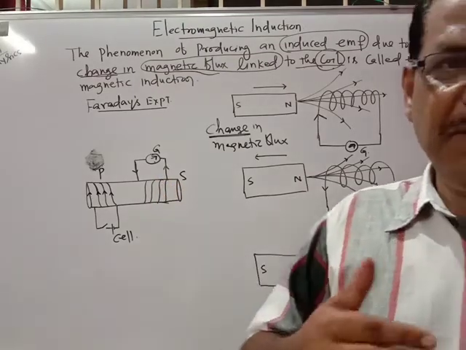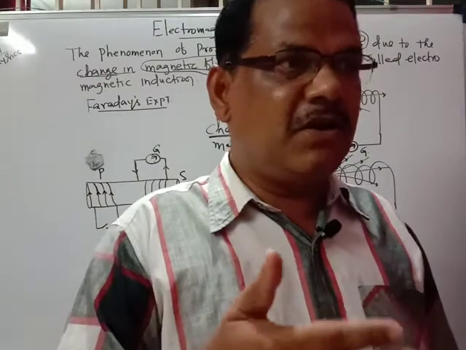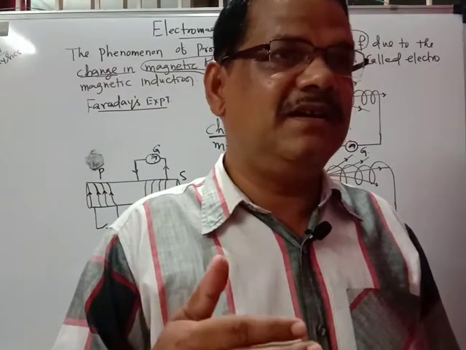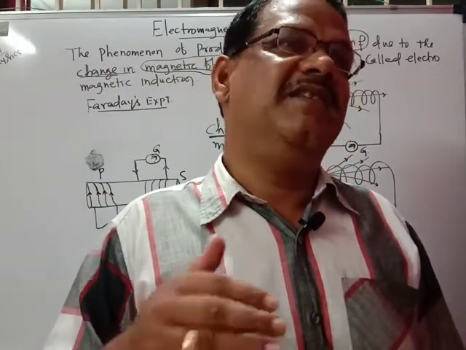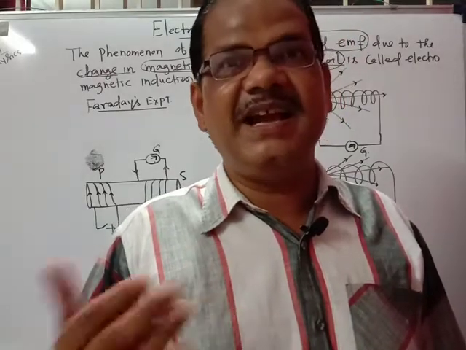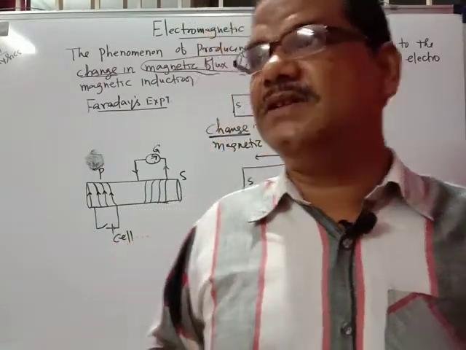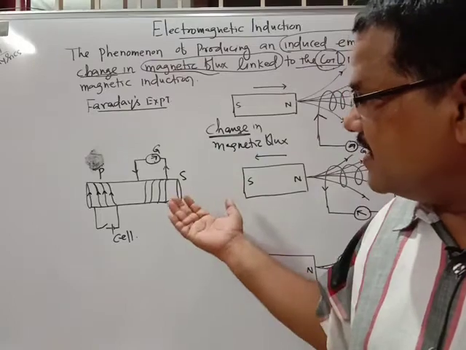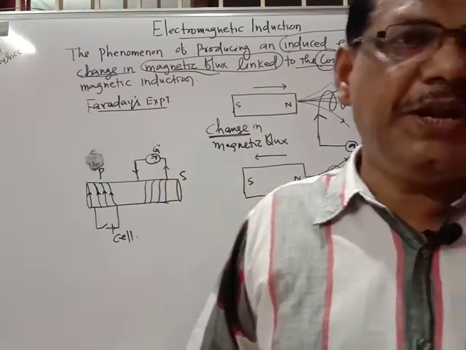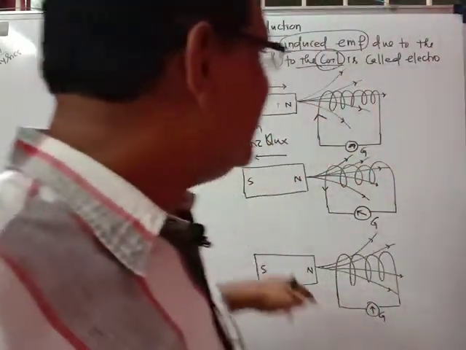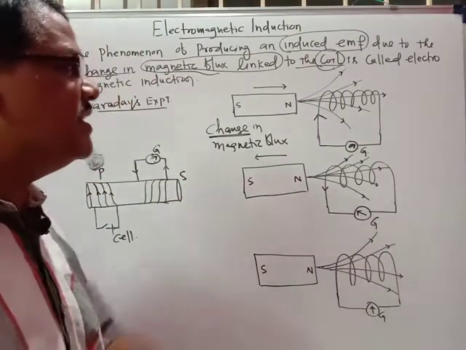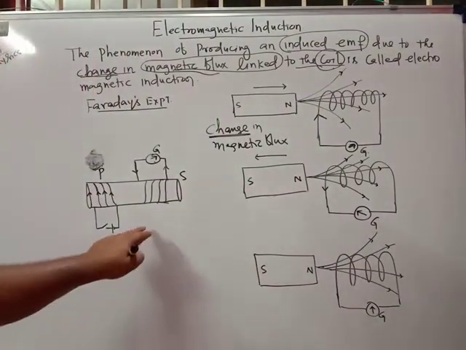So by supplying current in a varying manner, we get a varying magnetic field, which produces varying magnetic flux, and varying magnetic flux, whenever it links to another coil, produces an induced current.